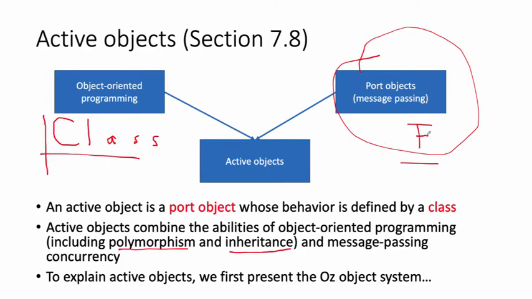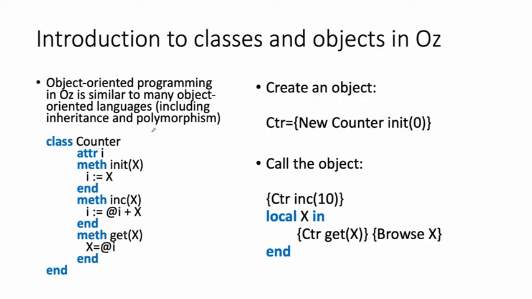So we want to combine these two, the port object idea and the object-oriented idea. So this is where we get active objects. So an active object is a port object, but the behavior is defined by a class. So I'm going to show you that now, and then I'll show you really the advantages of active objects.